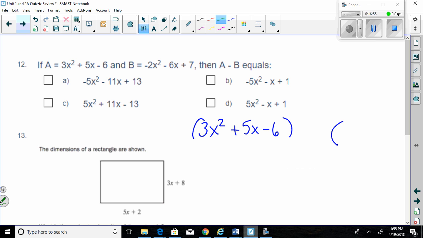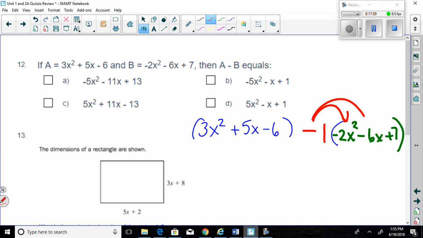All right, now I'm going to take this. So they're asking us to put these two polynomials like this. And then what are they asking us to do in between them? Subtract. So remember, what's the invisible number that goes right here? 1, and we distribute that. And so we bring down the first one, 3x squared. Because technically, unless you're going to remember, okay, when we subtract, we need to change all the signs of the second parentheses.